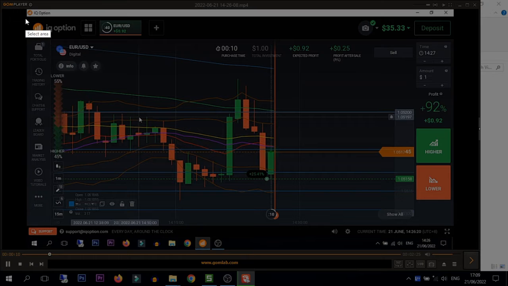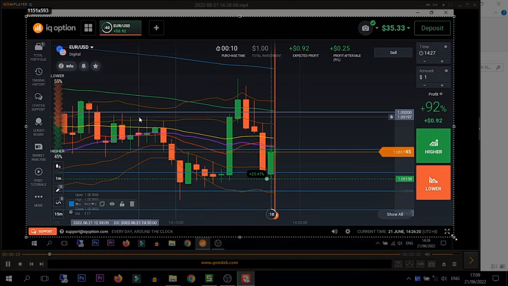And now I will share with you guys what I was expecting before I entered my trade. Before I entered, I was counting about 5 candlesticks from here, like this one.